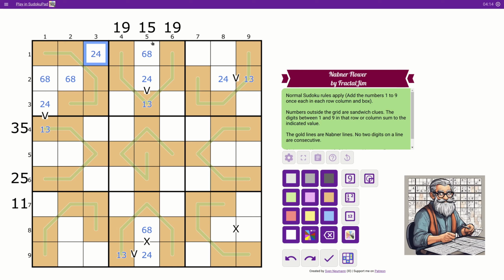These are sandwich clues, which means that, for instance, well, right. That number here, or any of these numbers, is the sum of the digits between 1 and 9 in that column or row, which means that, let's take this one for instance. If this one was 1 and this one was 9, those two would have to add up to 11, which, alright, that's already something.